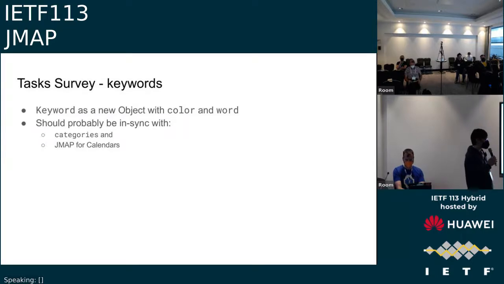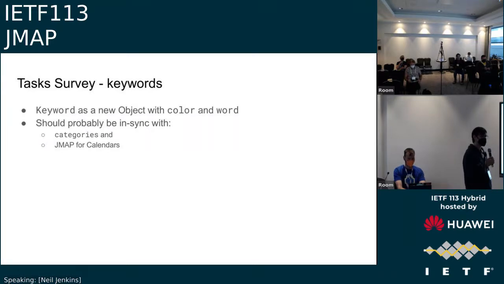It probably makes sense to keep that in sync with the categories property. And it might also make sense to do that in JMAP for calendars as well, to not do that for tasks only, but also for calendar events. Is there an opinion on that? It's not something I've seen implemented in calendars at the moment.